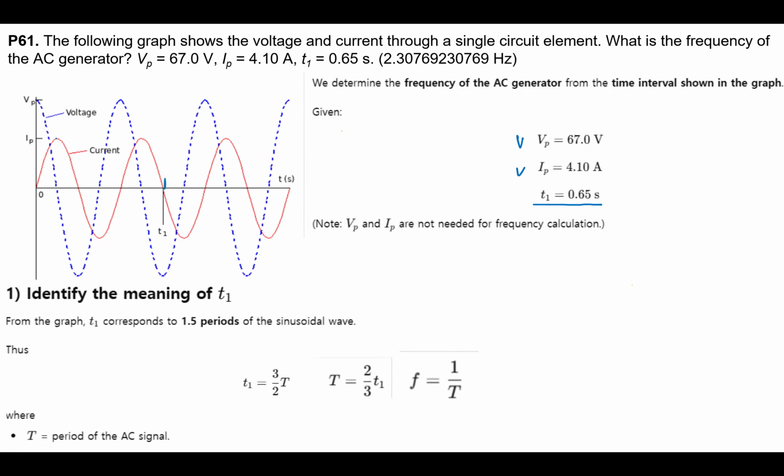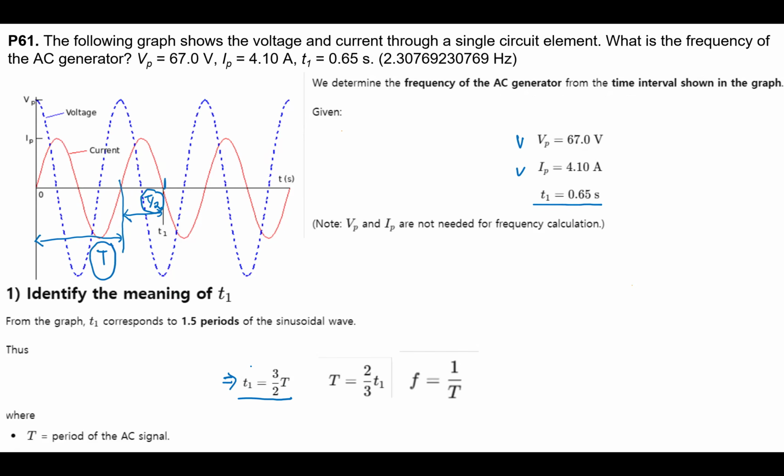So one period, this is T, from here to here is T, and then there is a half T. So T1 corresponds to 3/2 T. So one period and a half period.